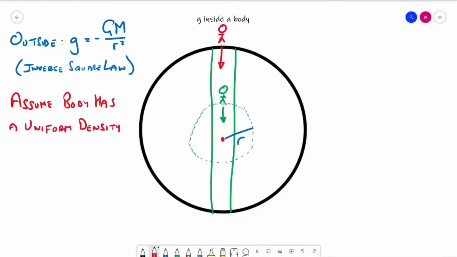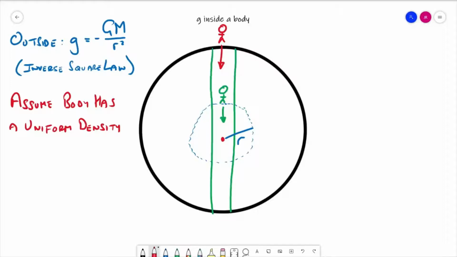In other words, the density of all the material at the surface of the planet is the same as the density at the core. I know full well that that's not necessarily a true representation of what's going on, and I will in a moment show you how this really works, but for the purposes of what we're doing, we're going to assume a uniform density.